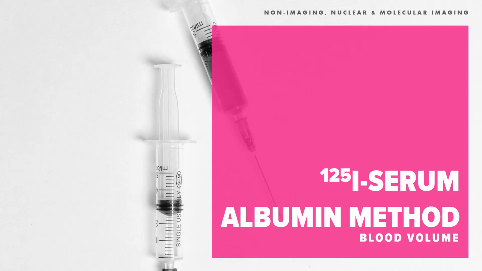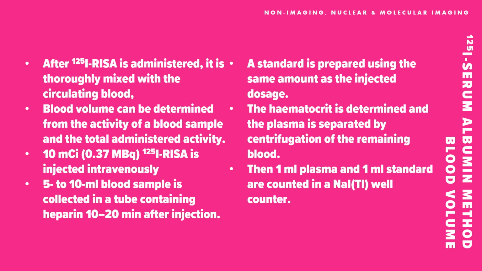The first method I want to introduce related to blood volume is using the iodine-125 serum albumin method to measure the blood volume. The tracer used here is iodine-125. How exactly do we conduct this method? You have the iodine-125 RISA, whose full name is radioiodinated serum albumin.